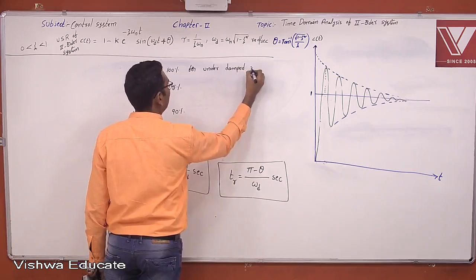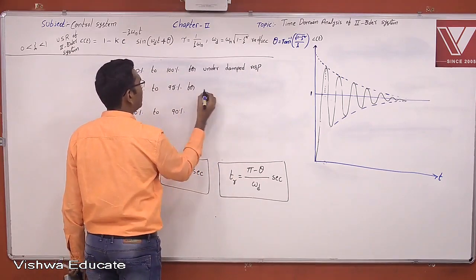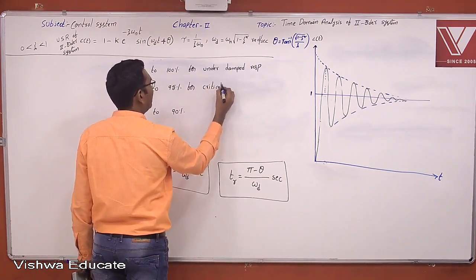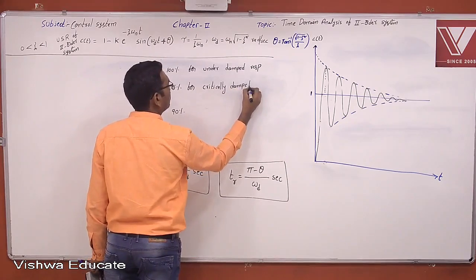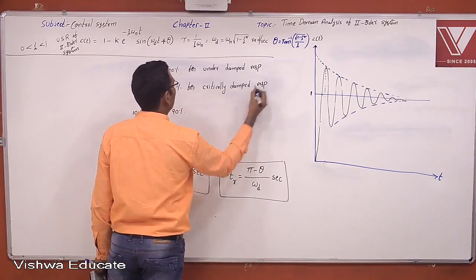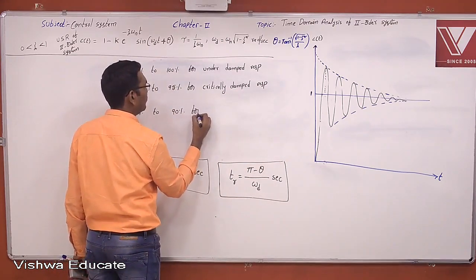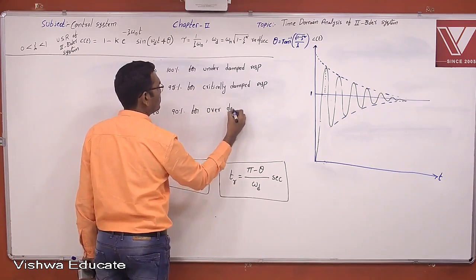From 5% to 95% is for the critically damped response. From 10% to 95% is for the over damped response.